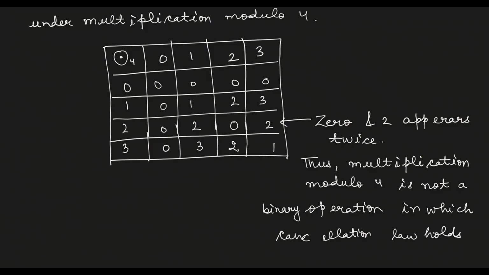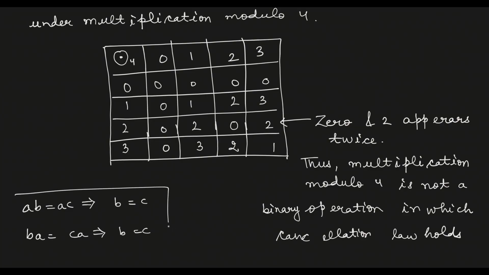Now, what do you understand by cancellation law? It is basically: if G is a group and a, b, c belong to G such that ab equal to ac, then this implies b equal to c. This is the left cancellation law. ba equal to ca implies b equal to c. This is the right cancellation law.